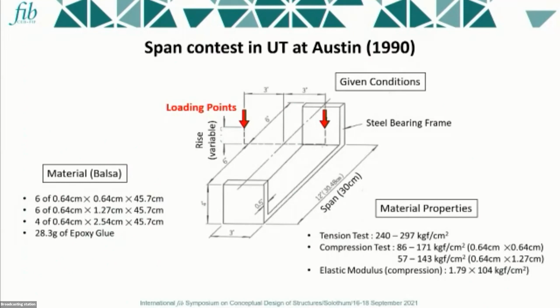Span length is only 30 centimeters, and every year the loading point is different. In this case, the loading point is wider than the support, and the position is the center of the span. But loading height is variable. It depends on the design.